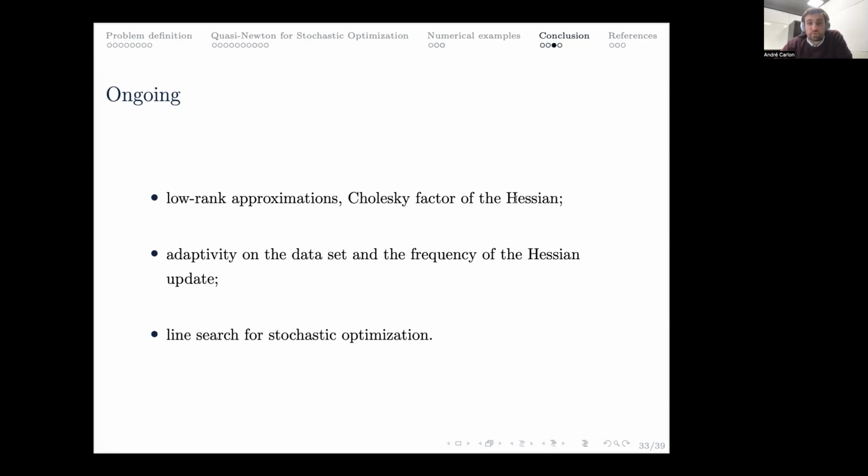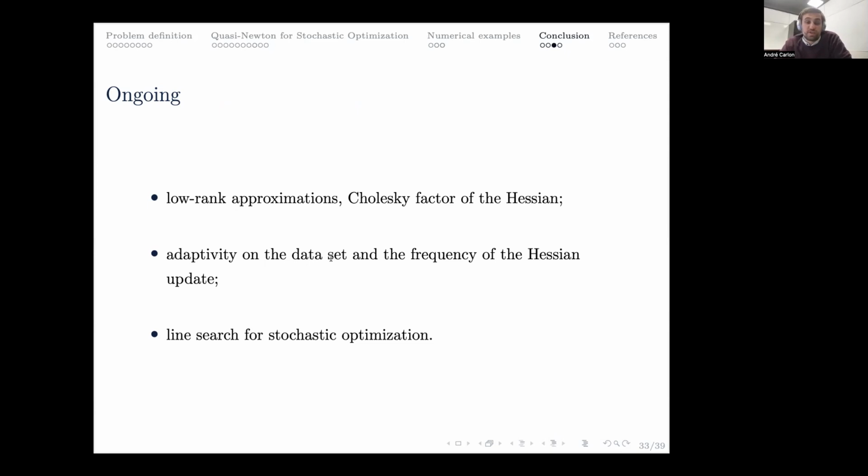And also trying to devise a Cholesky factor quasi-Newton method, where instead of updating the matrix B, we update its Cholesky factor. It would be much easier, for example, to invert when we need to take a step and to get eigenvalues and things like that.